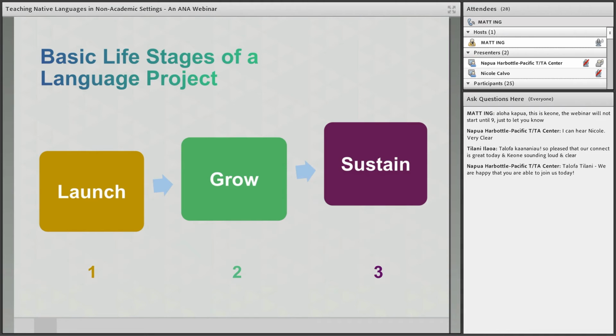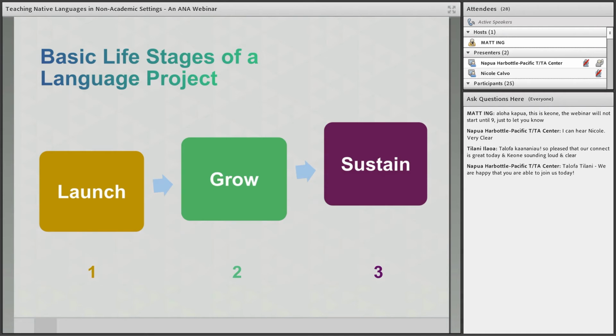So they use English as a basis for their language instruction. Or are you going to utilize a different methodology? So this is all done in the launch stage. This is very, very important because this sets the foundation for the project itself and for the steps that come after.